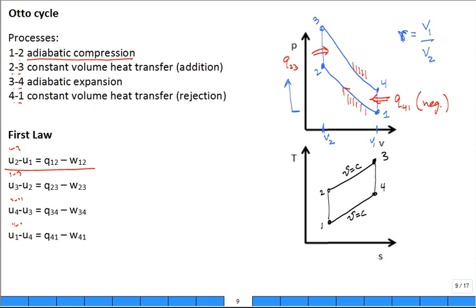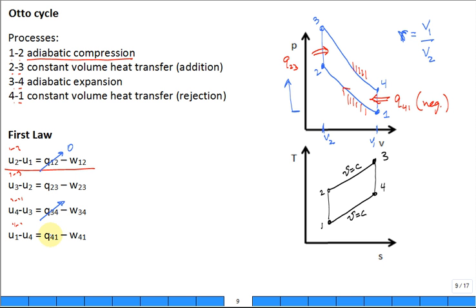Does that look good? So what you want to do is look and say, okay, in the first law for process 1 to 2, are any of the terms 0? Is delta U 0, Q or W 0? The Q is 0. Likewise, process 3 to 4, 0.